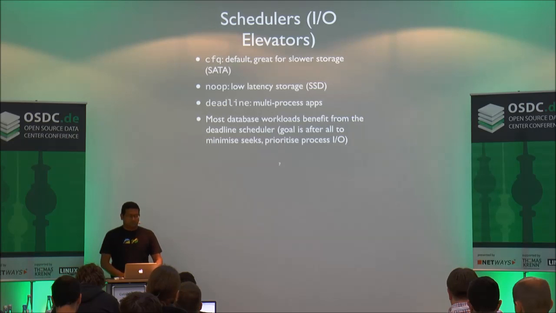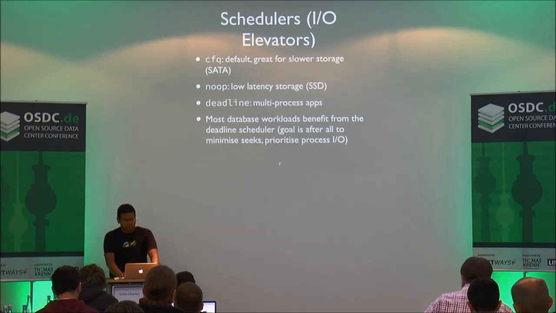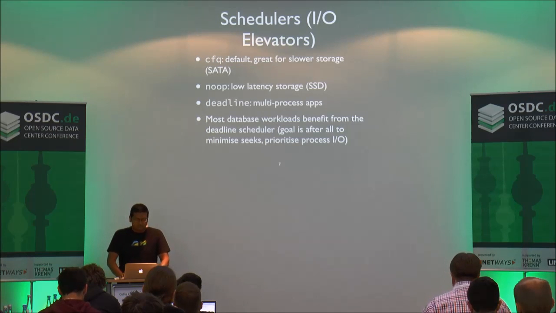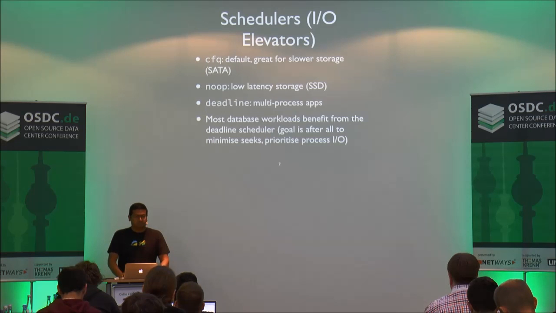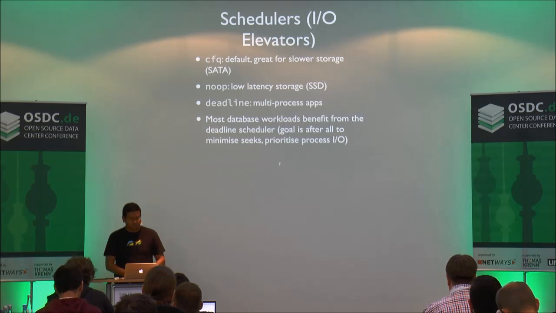When it comes to schedulers, or I/O elevators as they can be called, you have things like CFQ, which is a per process queue, where each process will get a fixed time slice based on the priority of the process. It is generally the default that ships. It's generally good for storage like SATA-based disks. So again, you may use this when you end up using something like ScaleDB, which is targeted at time series data.